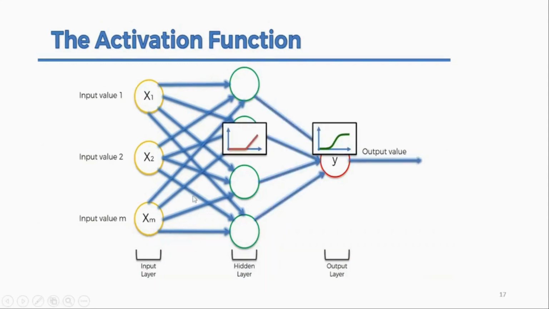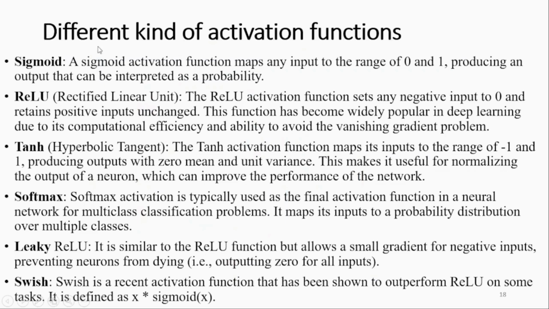There may also be an activation function at the output layer, which decides whether the input belongs to class 1 or class 0. So these are the different kinds of activation functions: sigmoid, ReLU, tanh, softmax, leaky ReLU, and swish.